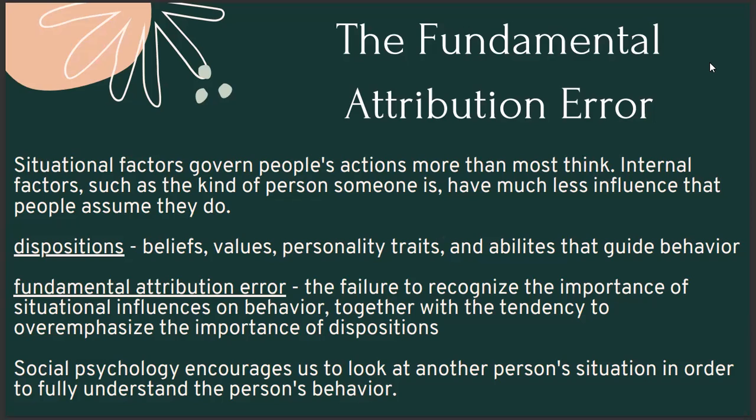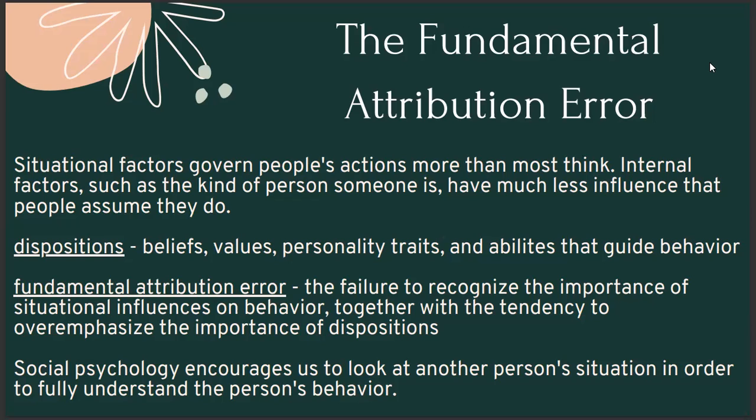So you think that, oh, someone did something, it's because of their dispositions, because of their beliefs, their values, their personality traits. However, according to the fundamental attribution error, there's a failure to recognize the importance of situational influences on behavior, together with the tendency to overemphasize the importance of dispositions.